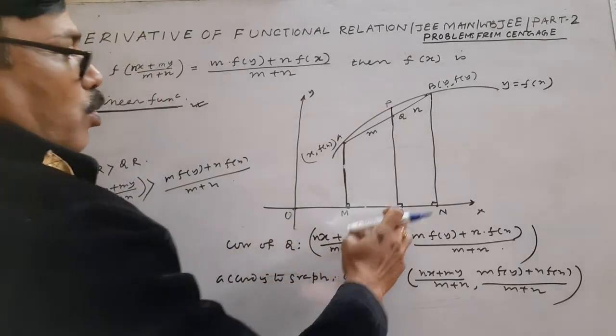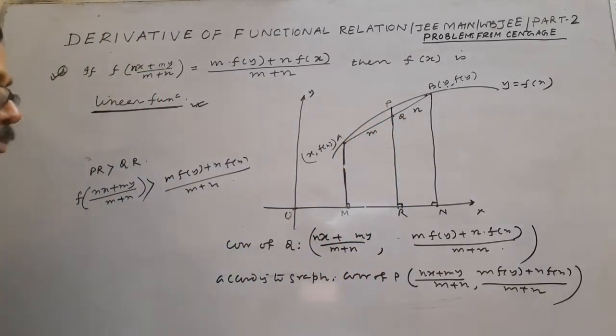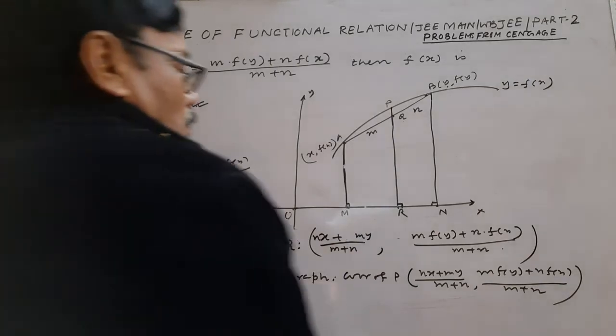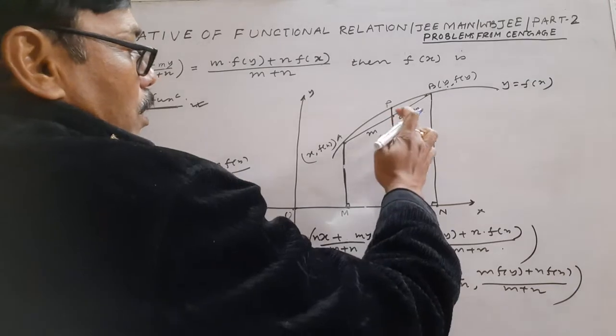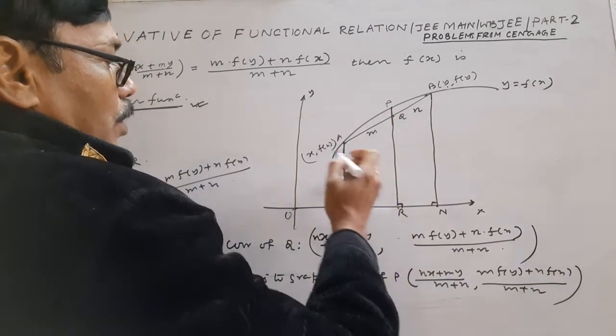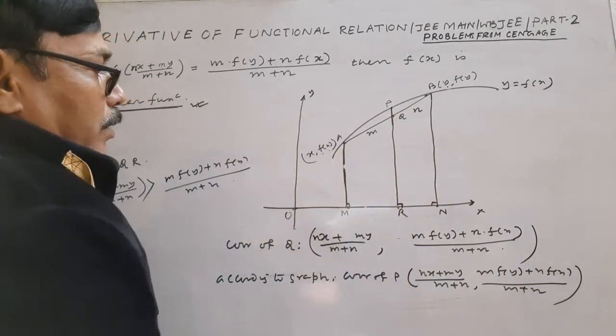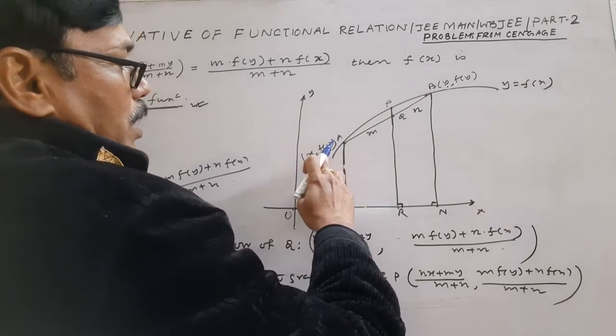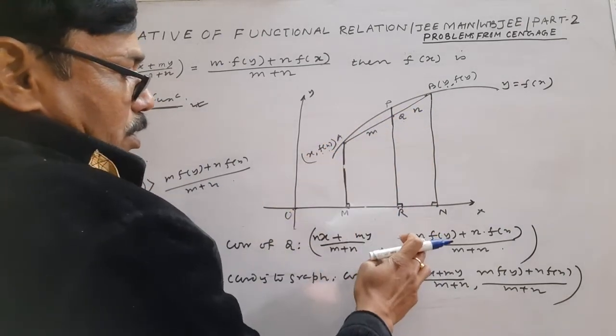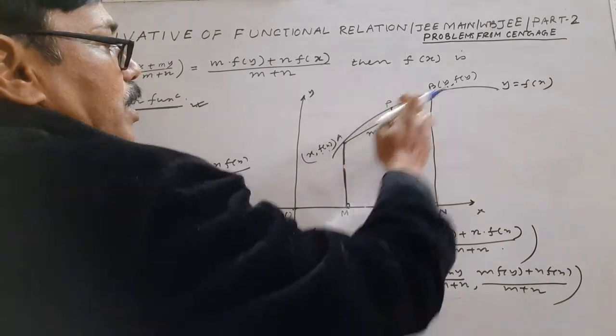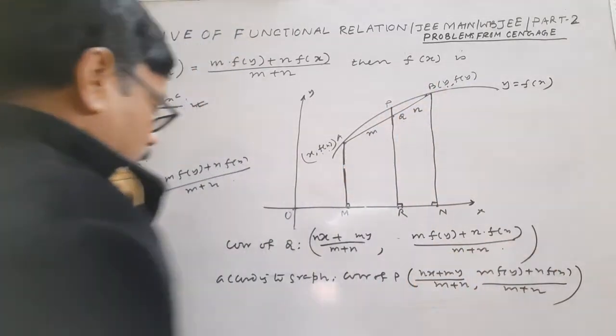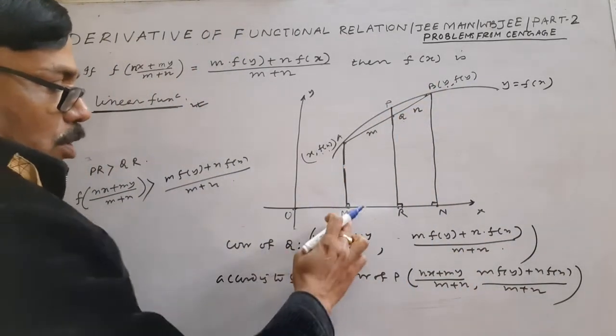This is the x coordinate of R. Now the y coordinate: this is f(x), so it is (n f(x) + m f(y))/(m + n). So this is the coordinate of Q.